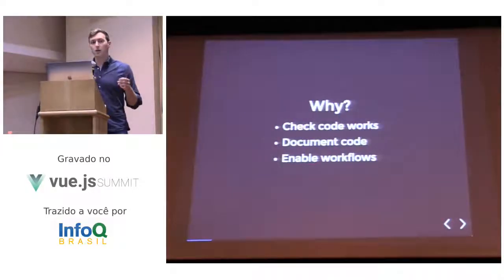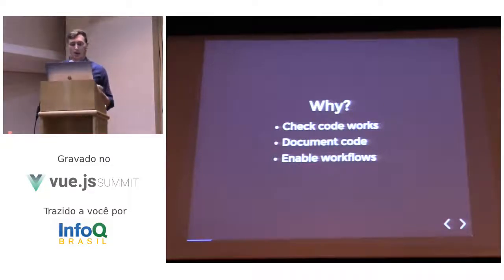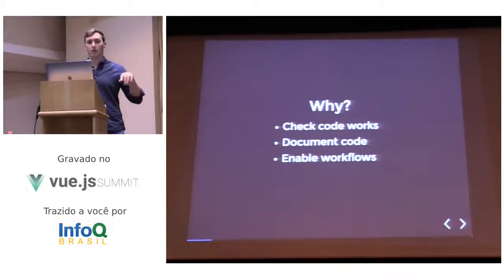Okay, so why should we write unit tests? One of the reasons is that unit tests help you check that your code's working correctly, which is pretty useful. It saves you time over manually testing in the browser or just not testing at all. Another benefit of unit tests is that they document your code. So when you write a unit test, you're writing down a specification for how your code behaves.